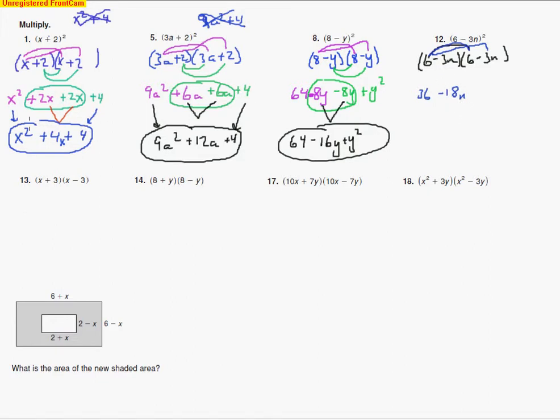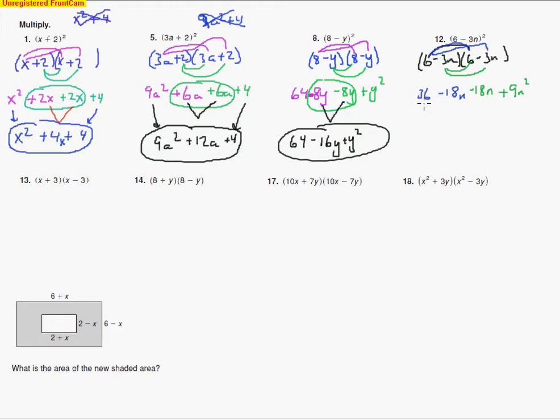When we move on past that, we've got the negative 3 and the 6 make another negative 18n. That's what we expected to happen because we're dealing with a binomial square. And the last term's been positive every time, and it will always be positive: 9n squared. It's always positive because no matter what the signs are, whether they're both negative or both positive, they always make a positive.